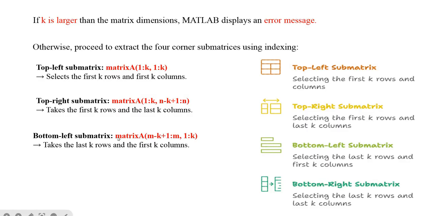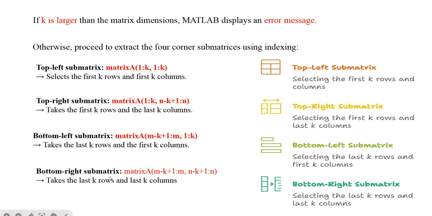Next is the bottom left submatrix: matrix A, m minus k plus 1:m, 1:k. Here it takes the last k rows and the first k columns. Then you have the bottom right submatrix, where you write matrix A, opening round bracket, m minus k plus 1:m, n minus k plus 1:n.